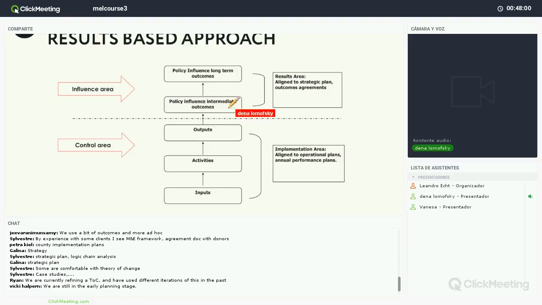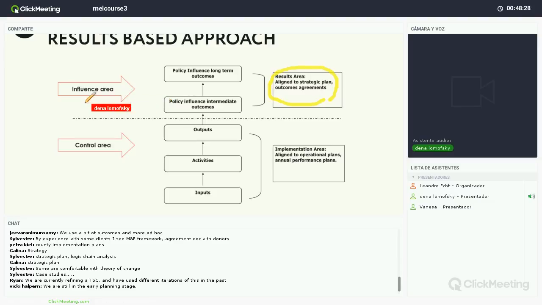Very often it's this top level, where you will have your policy influence, intermediate and long-term outcomes, which will be aligned to the organization's strategic plans. So here you would have a strategic plan, possibly in the organization, and you would align your programs and your projects to that. And the same if you have, let's say, a global strategy, your outcomes would be aligned, maybe at a particular level, to the global strategy.